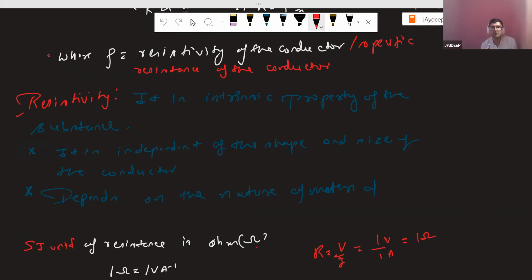R equals rho L by A. Okay. What is resistivity? Saifullah, what is the resistivity of the conductor? R A by L. Are you asking me the formula or the definition, sir? Definition. Resistivity.